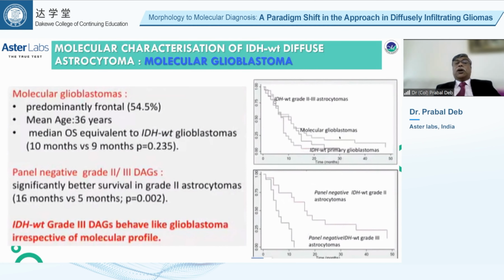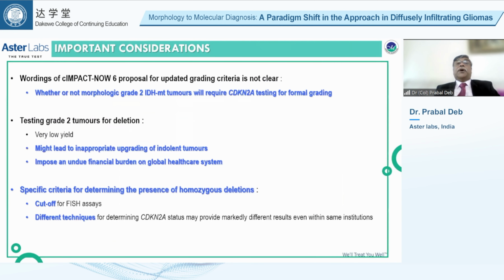This concept of molecular glioblastoma was very important because it was found to be a distinct entity seen with a mean age of 36 years, predominantly frontal in location, and overall survival more or less equivalent to IDH wild type glioblastomas. So even if it is conventionally grade 2 or 3, if there are molecular features of GBM, it immediately goes to a higher grade and needs to be treated like glioblastoma.